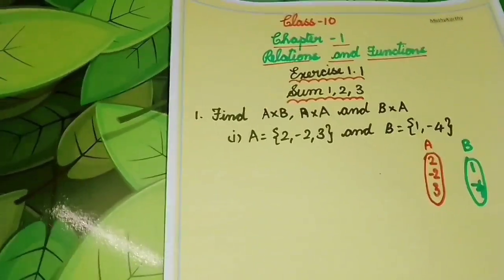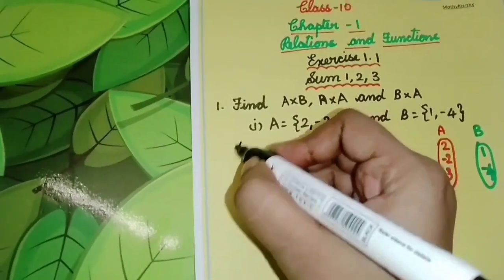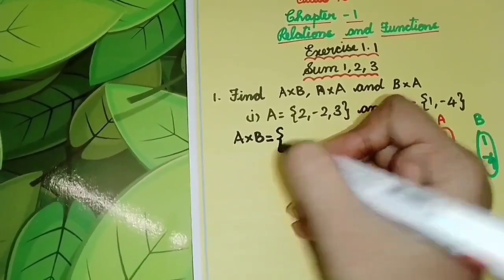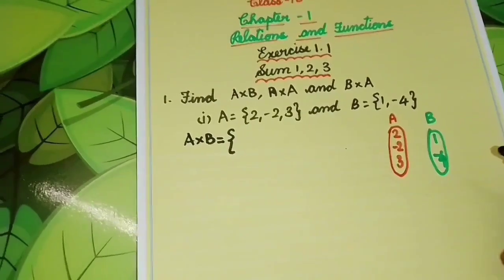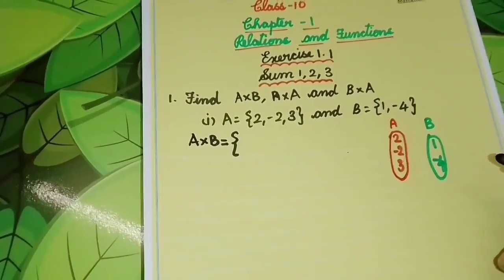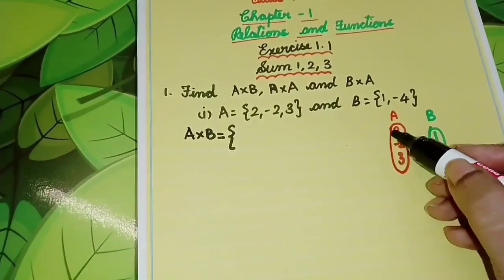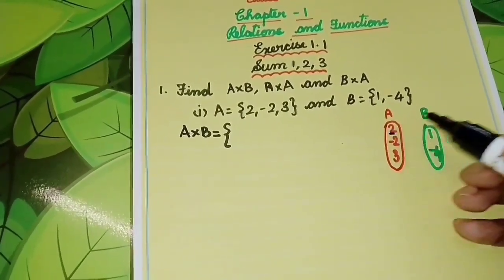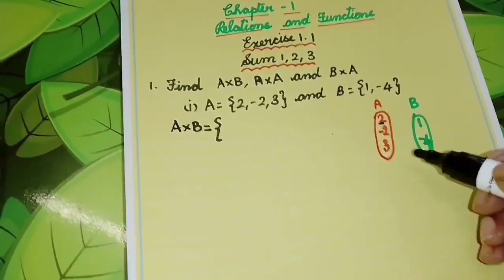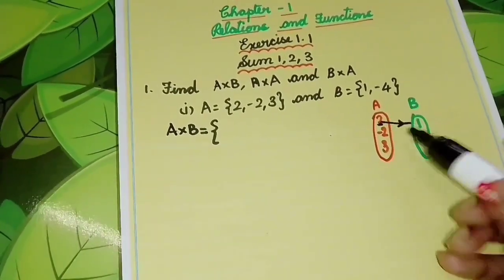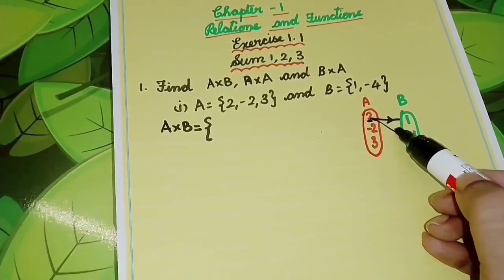So we are going to form the new set A cross B, that is the cross product of A and B. The possible pairings that we can form from set A to set B will be our answer. We'll first choose the element 2 from the set A. What are the possible pairings? 2 can pair with 1 and 2 can pair with minus 4.